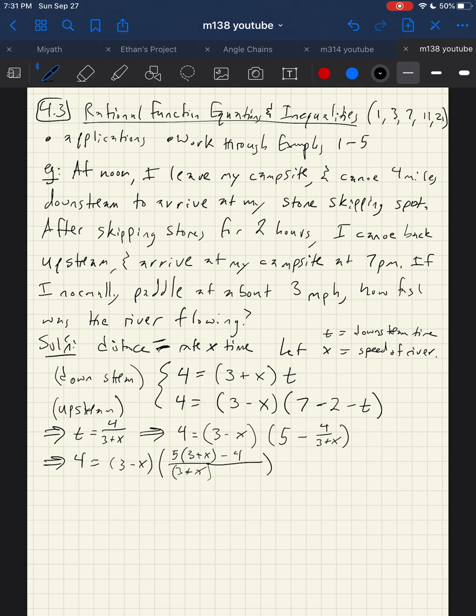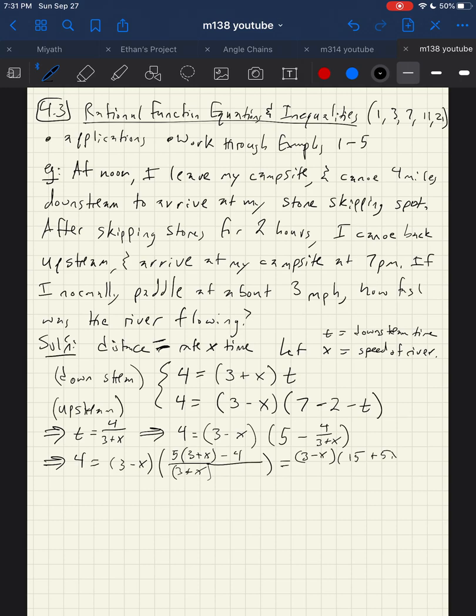Okay, so this is hopefully not so bad. This becomes what? Well, if I simplify all of this, I've got 3 minus x times what up top? I've got 15. So that's 3 times 5 is 15. And then I've got 5 times x.